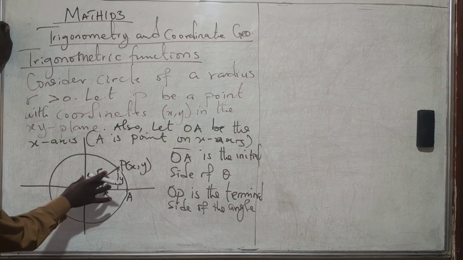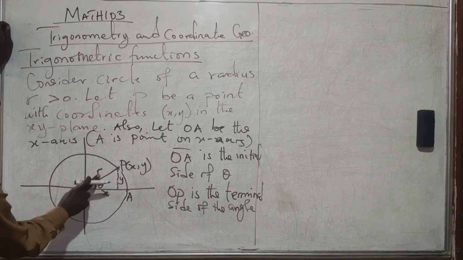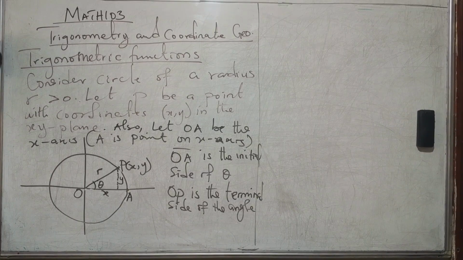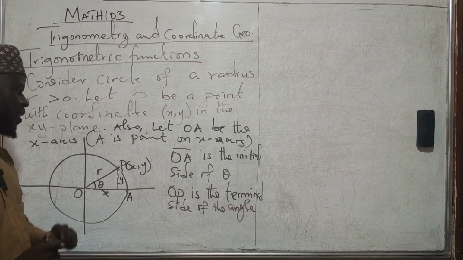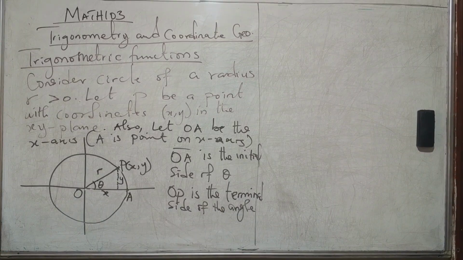So theta is in the first quadrant because the line OP is in the first quadrant, and P is lying in the first quadrant.